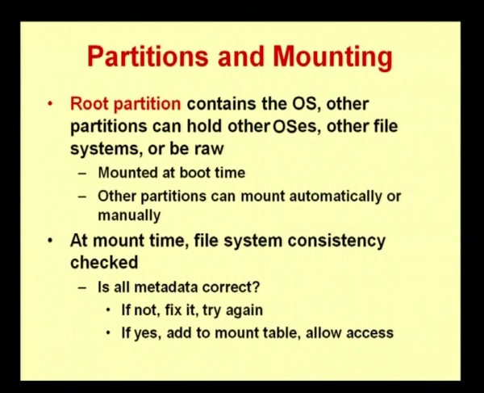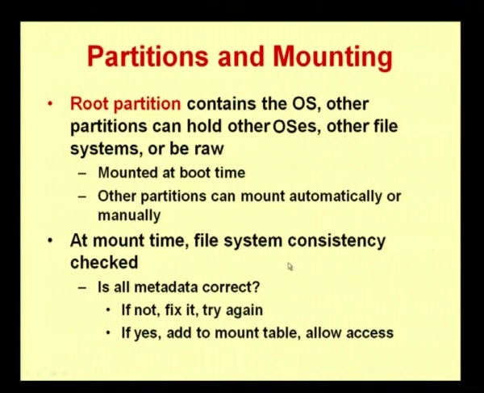Now we will see how it has been partitioned. The root partition is where we will have the booting. It contains the operating system and other file systems, and all the bootloader information is available inside this root partition.